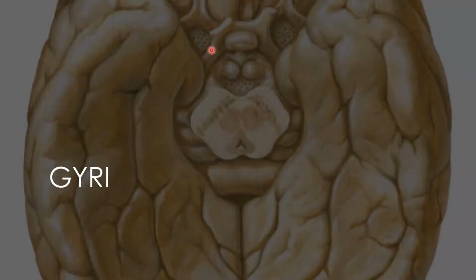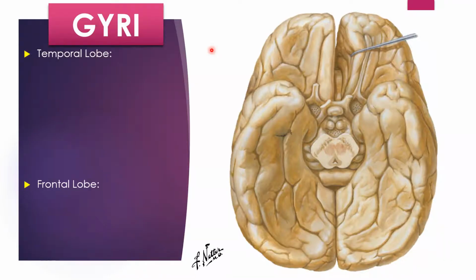Now for the gyri of the inferior surface of the frontal lobe as well as the temporal lobe. Let's discuss the temporal lobe first. Lingual gyrus.